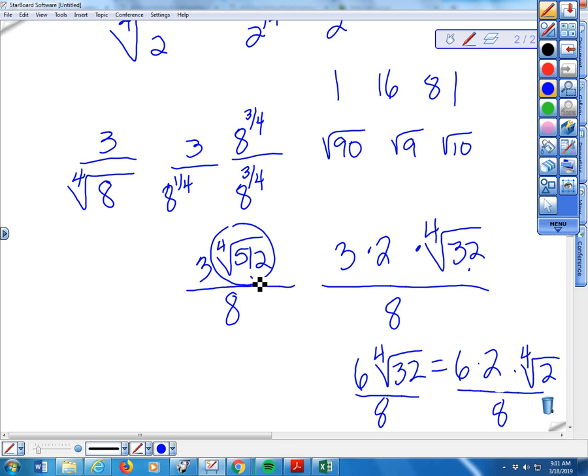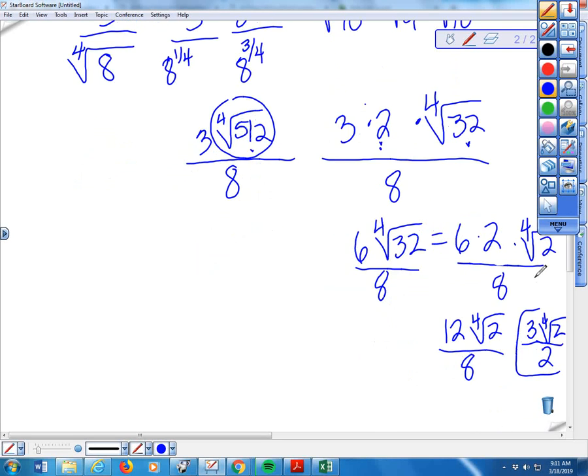So I broke it down into the 4th root of 16 times the 4th root of 32. 16 times 32 is 512. The 4th root of 16 is 2, so then I multiplied 3 times 2 to get 6. Then I recognize 32 also has a 16 that goes in evenly: the 4th root of 16 times the 4th root of 2. The 4th root of 16 is 2. 2 times 6 is 12. And then I've got the 4th root of 2.